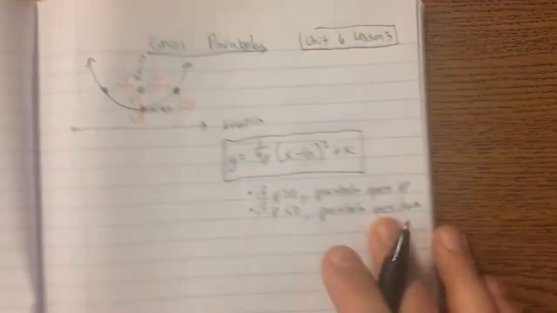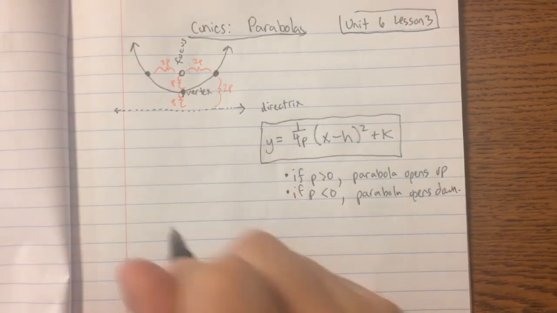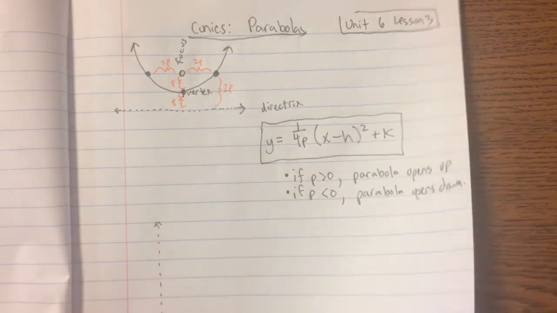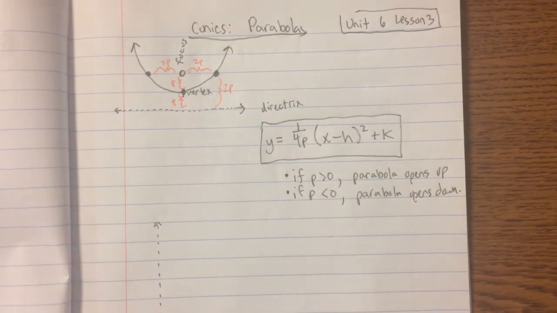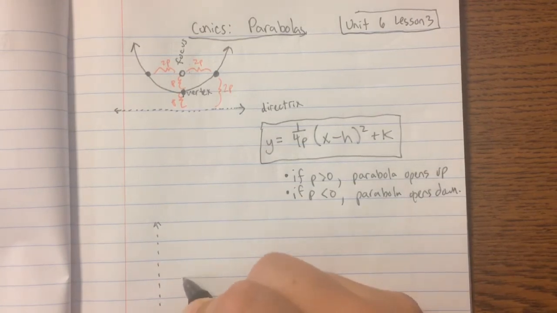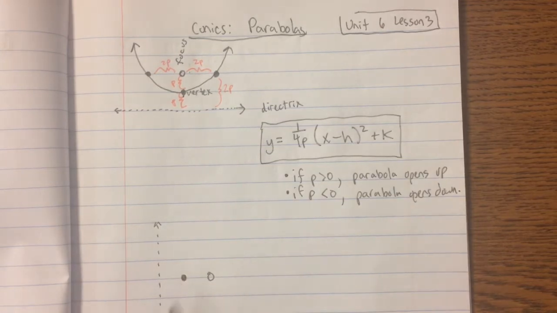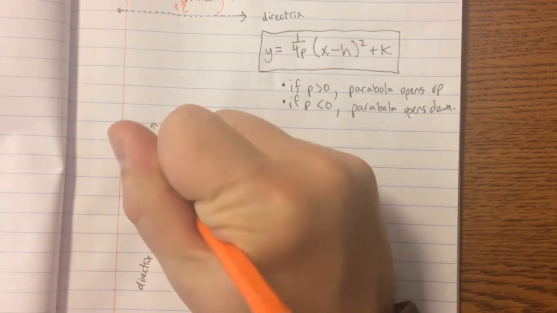So we have our directrix, except this time it's vertical. We've got a vertex somewhere and a focus. Again, these distances should be equal. In fact, it's p.